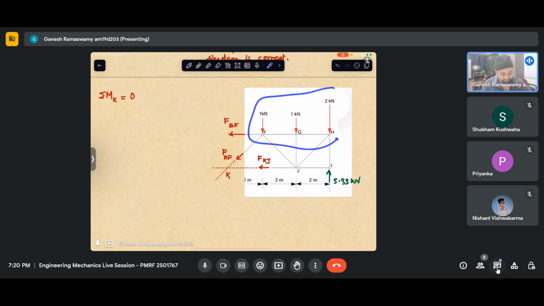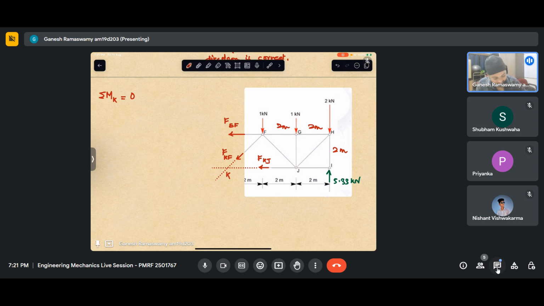These will have a clockwise contribution which is negative. FDE again, this is R, this is F, so R cross F will be anti-clockwise. And these two forces are passing through K, so they will not appear in the equation. We know that this is 2 meters, this is 2, this is 2, and this doesn't matter.